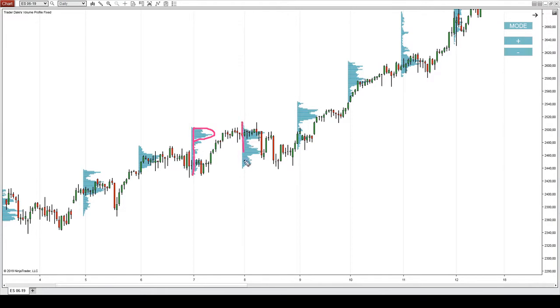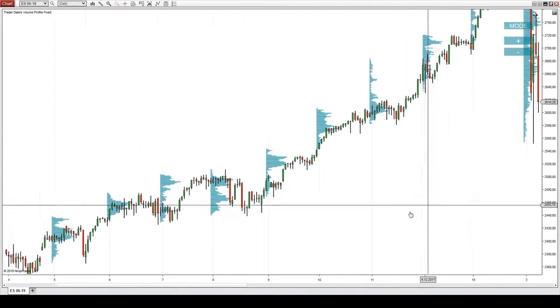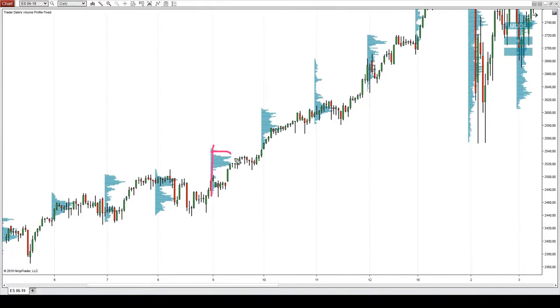Afterwards, there is this weird profile, sort of double distribution profile, but it's not followed by a D profile, which would indicate a rotation. So this doesn't really tell us anything. Afterwards, another sign of strong buyers, P-shaped profile. Then another P-shaped profile.